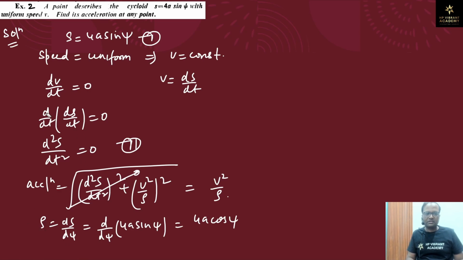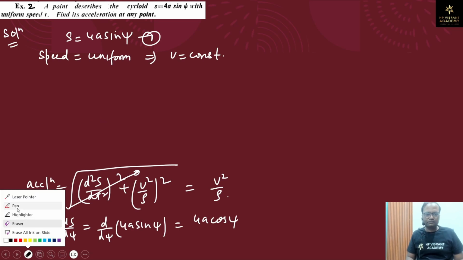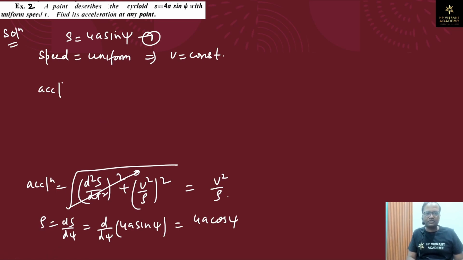So we have acceleration as v square upon rho. Rho's value is 4a cos of psi. This we can write as v square upon 4a square root of (1 minus sin square psi).